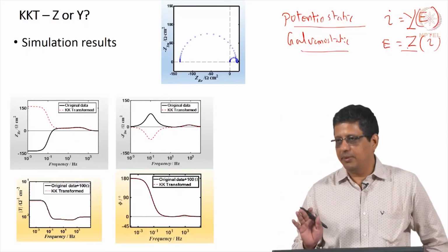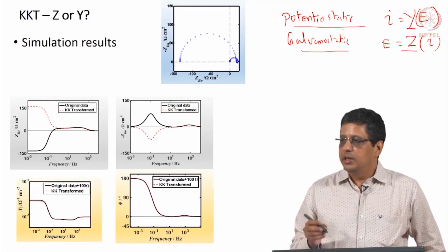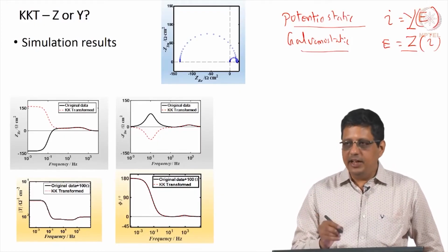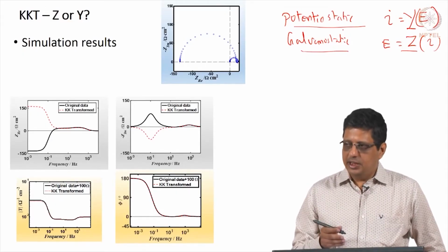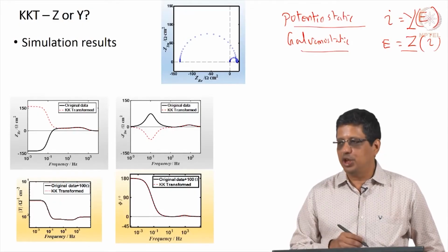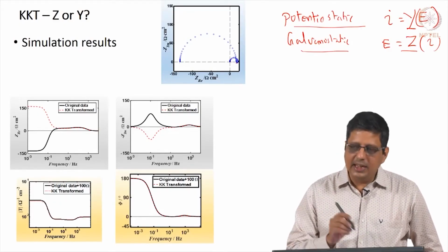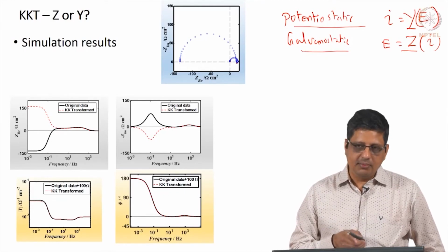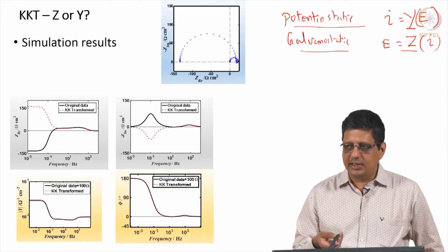If the data is acquired under potentiostatic control, the right method or right feed to the program is admittance. Many times it so happens that the system would be stable under both galvanostatic and potentiostatic conditions. Sometimes, as an example here, the system is stable only under potentiostatic condition, it is not stable under galvanostatic condition.